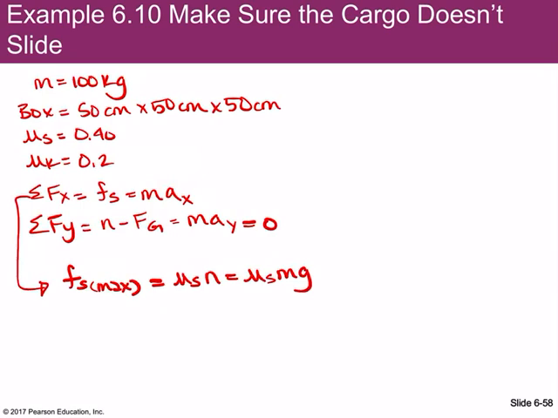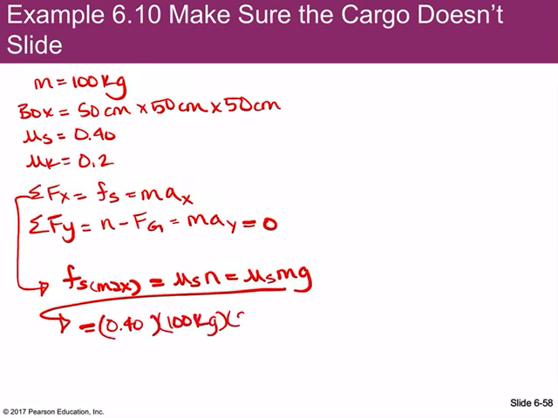If we plug those numbers in, we have 0.4 times the mass, which is 100 kilograms, times 9.8 meters per second squared, which is equal to 392 newtons. That's our maximum static friction.